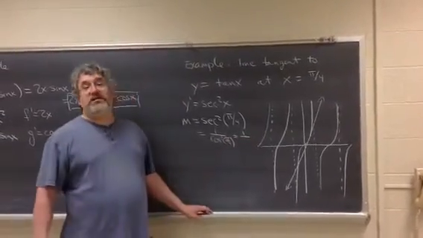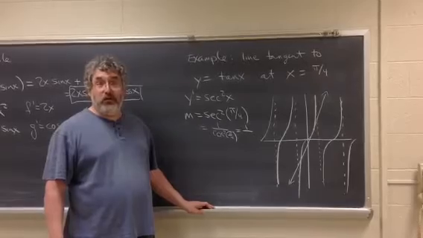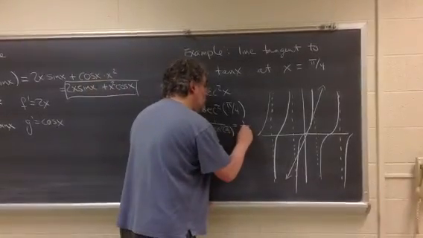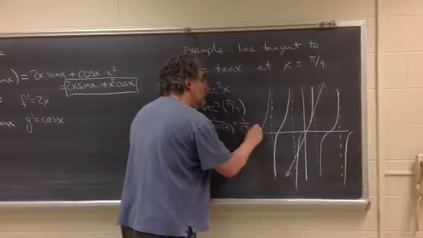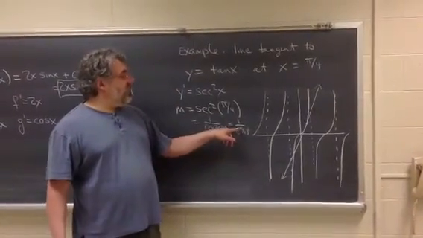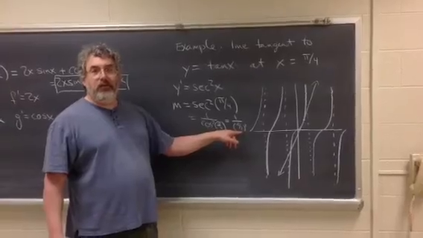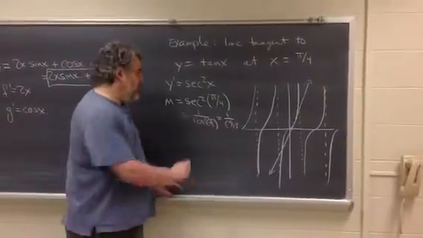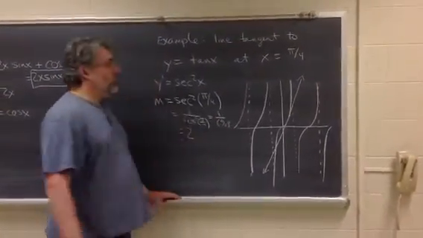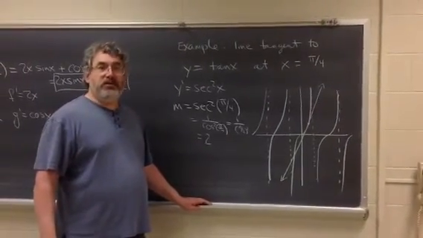And the cosine of pi over 4 is square root of 2 over 2. So we get 1 over square root of 2 over 2 squared. Well, if you think about that, that's 2 over 4, which is 1/2. But 1/2 on the bottom is 2. So the slope is 2.